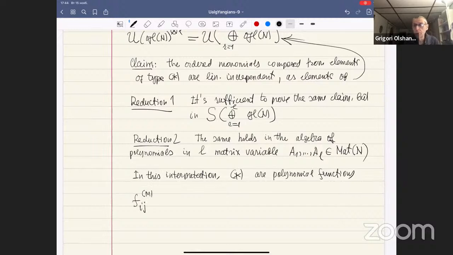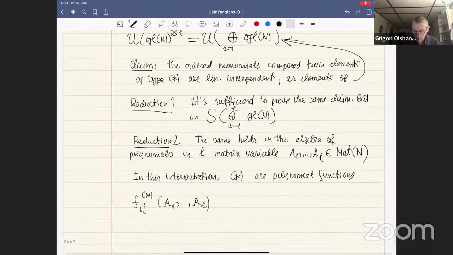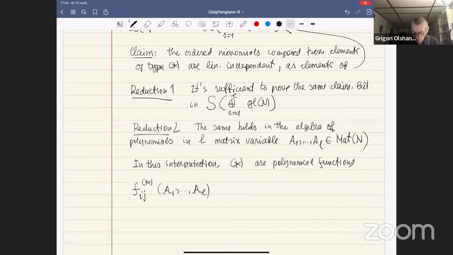We have a triple index I, J, and M, and given such a triple, we have a polynomial function in L matrix variables. Looking at what is written here, this is the same as taking the summation over the R variables, and the summation of the A indices disappears.